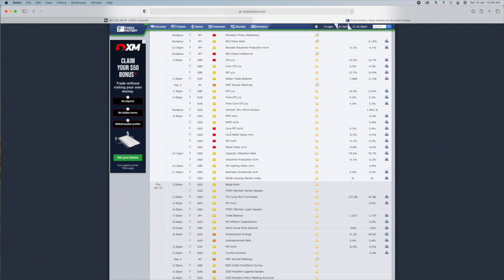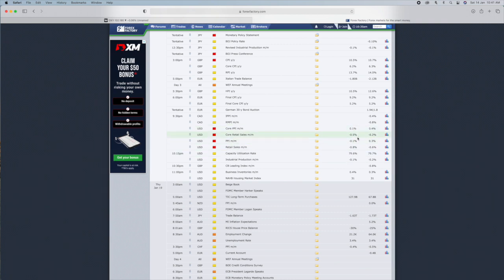And then on Wednesday we have core PPI and then core retail sales. Let's see what happens here, because if these come as the expectation, we can see some mixed reaction, because two different reports are coming out at the same time.